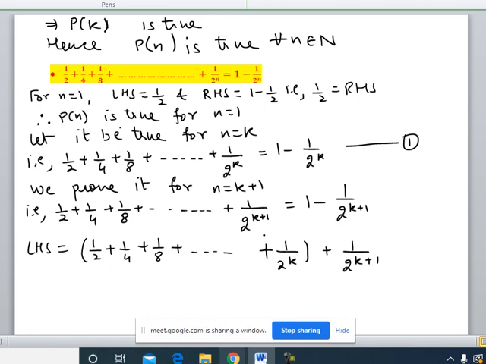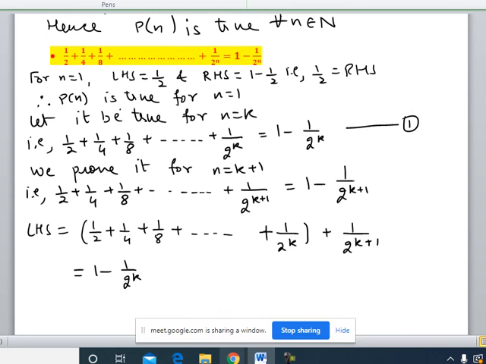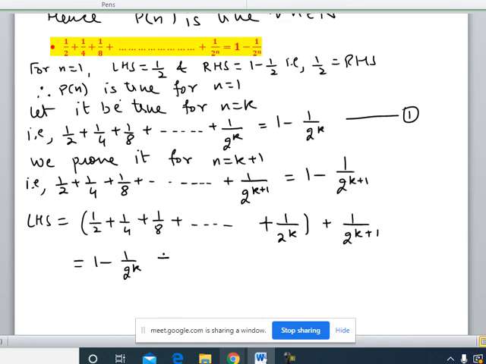So this is the series we have in equation 1. And what is the sum of these terms in the series? It is 1 minus 1 over 2 to the power k. And the last term, which is 1 over 2 to the power k plus 1. So we need to simplify it now in order to get this result. So I will keep this 1 as it is because we need 1 minus. I will solve these two terms simultaneously.